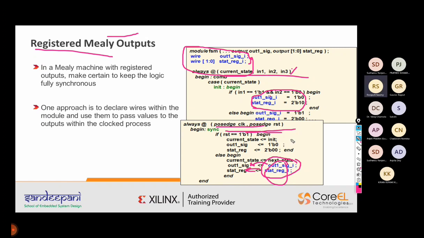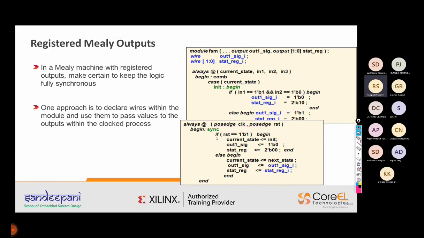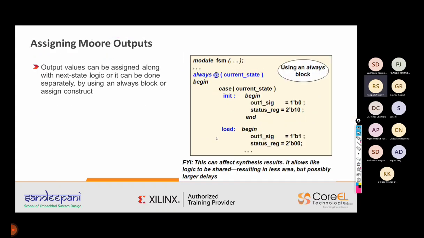So this is one approach of registering the output logic. In case of Moore, the normal output, that is if it's a combinational output, will be sensitive only to current state. So we write an always block which is sensitive to current state, and based on the condition we will evaluate.